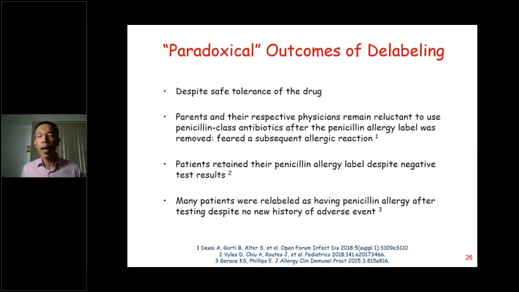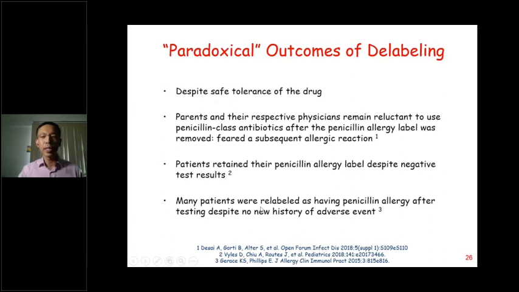And I think there's sometimes a fear that even if the reaction had been deemed safe and the person had passed the skin test and the drug provocation test, there's always this concern that an allergic reaction could potentially happen again. The second problem is that sometimes after delabeling, after spending hours and days arranging the drug provocation tests and having the patient pass the test, patients continue to retain that penicillin allergy label despite the negative test results.